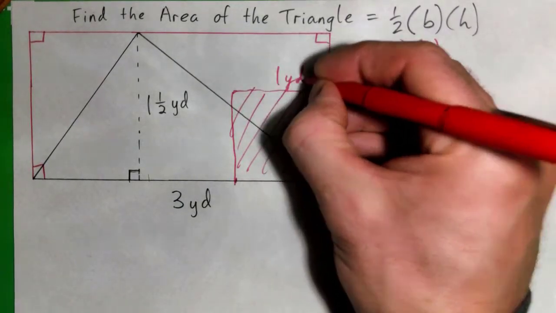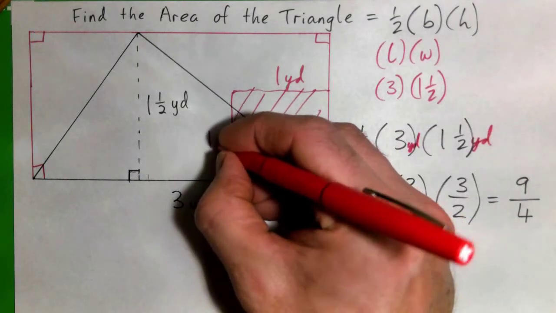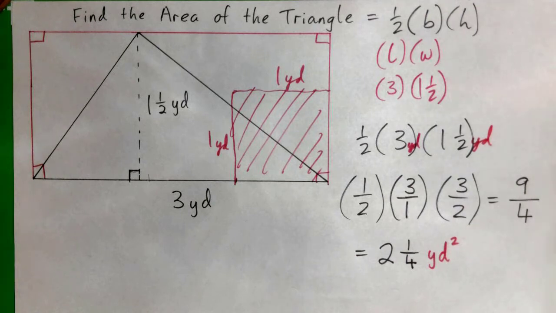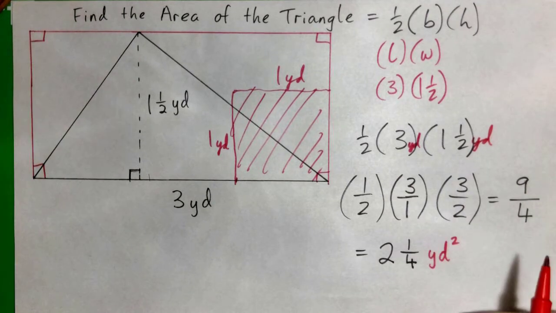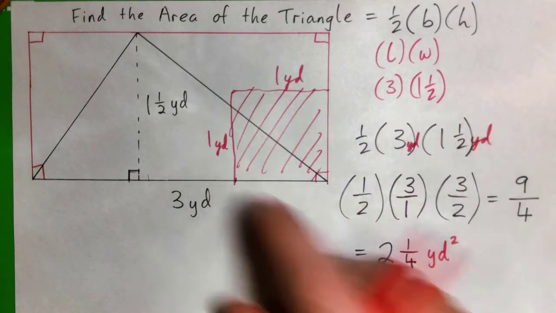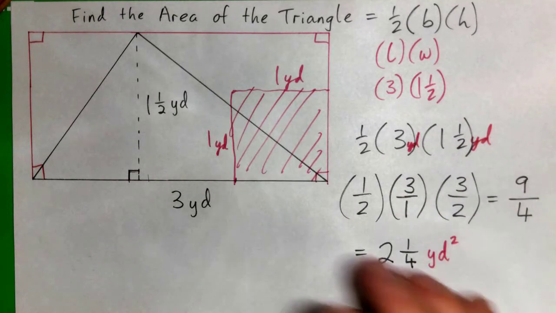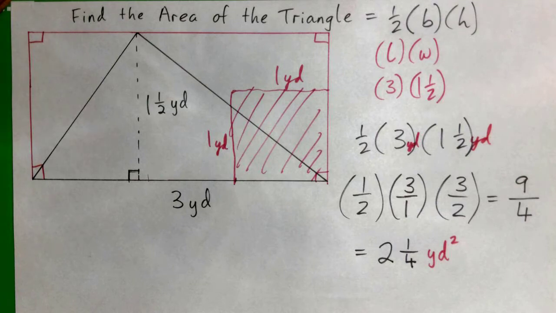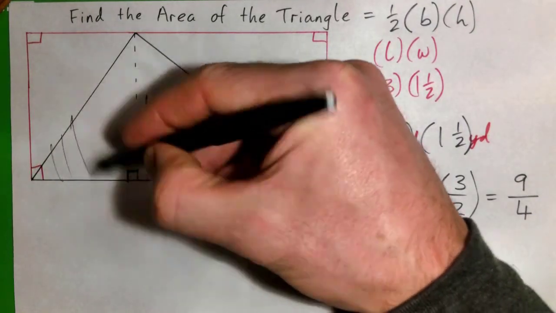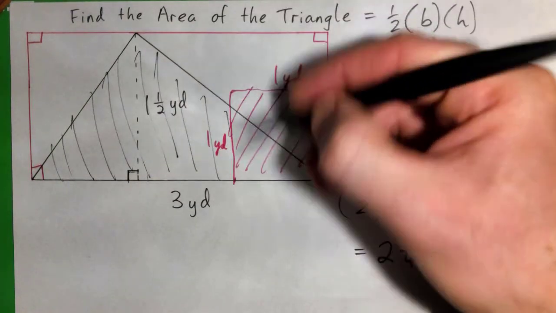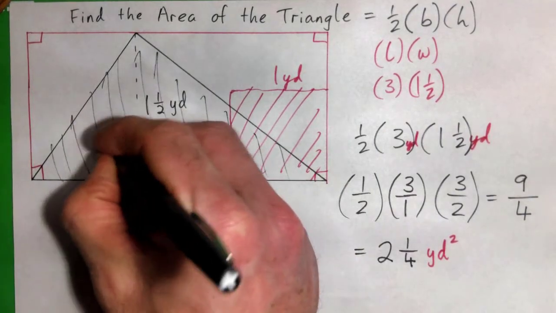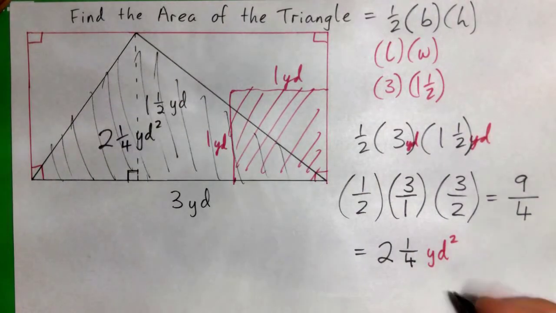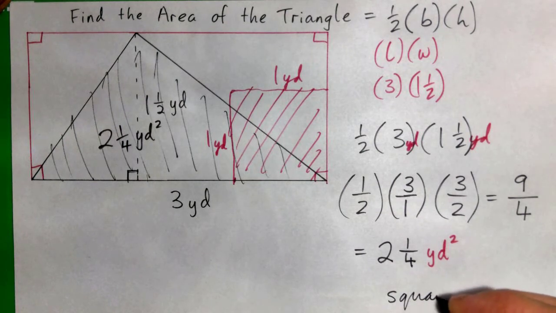That's 1 yard times 1 yard. Now it's in proportion because the yard's actually a big step when you're walking. But this is the unit of measurement for area in this case. And the triangle that we're looking for works out to be 2 1/4 square yards.